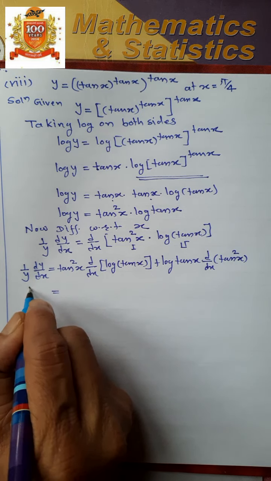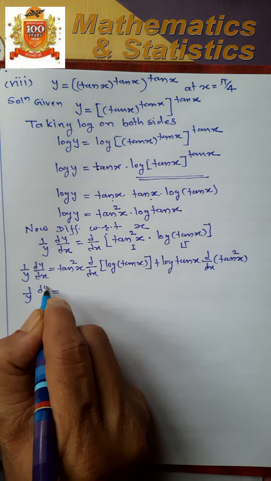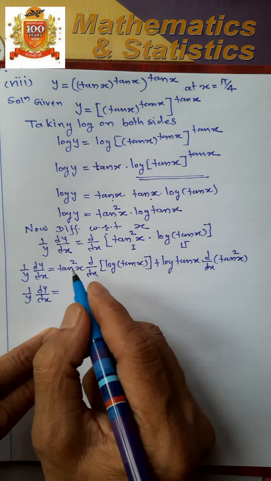Which is equal to 1 upon y dy by dx as it is.